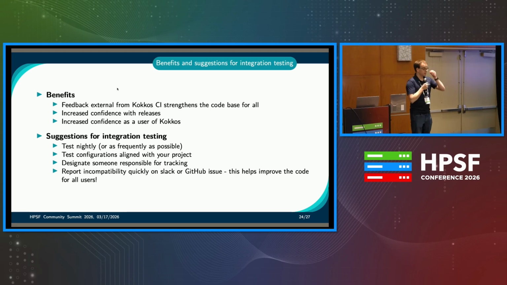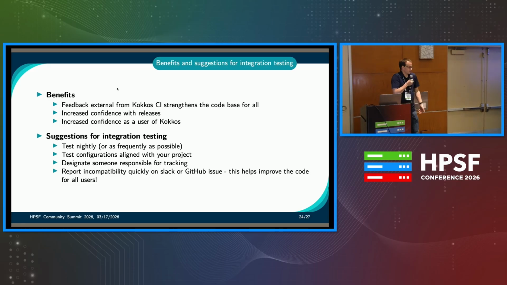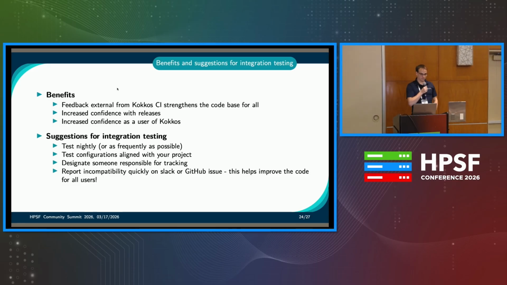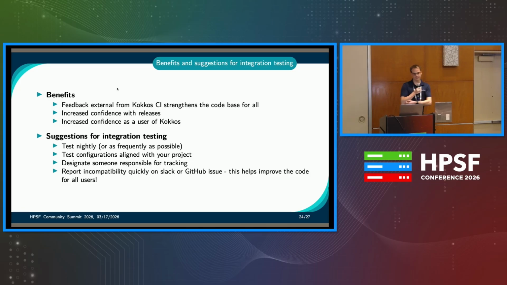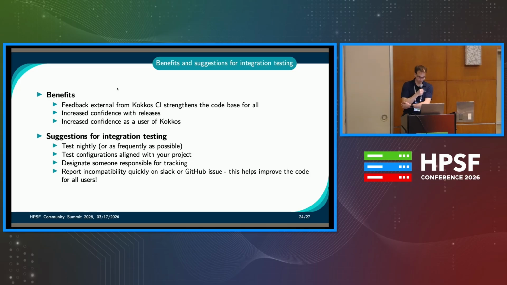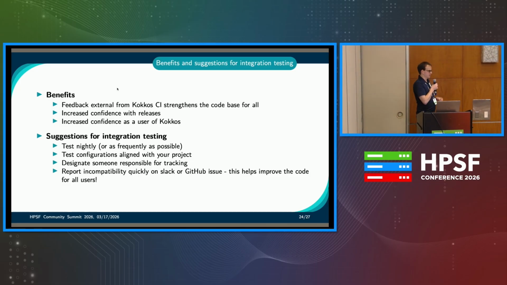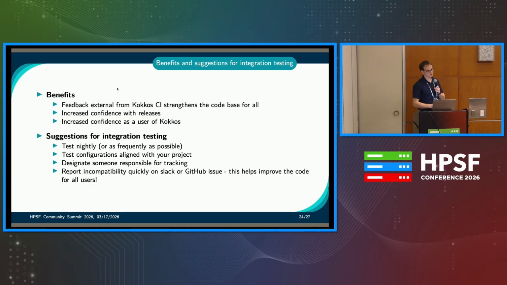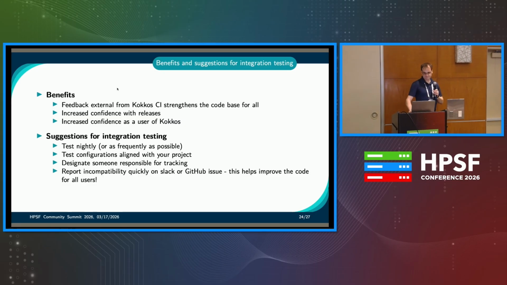So we, as Kokkos, can discover problems earlier, and of course downstream apps also ensure that we take their problems into account earlier. So we are very grateful if people can just report any kind of incompatibility or problems to us.